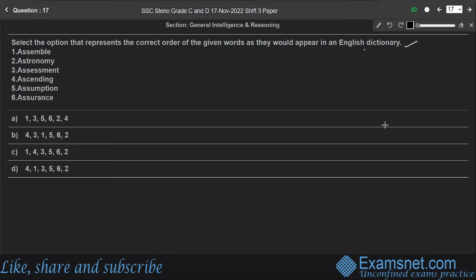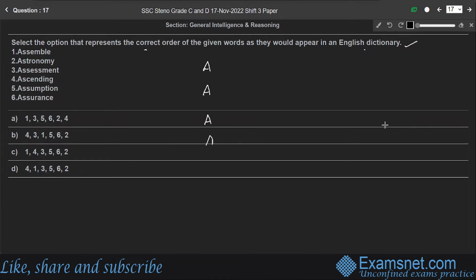Question 17. Select the option that represents the correct order of the given words as they would appear in an English dictionary, right? Here are 6 words given. We have to arrange them in alphabetical order, right? So each word starts with letter A. So we'll write letter A in each word.